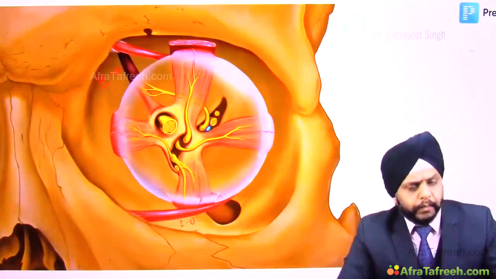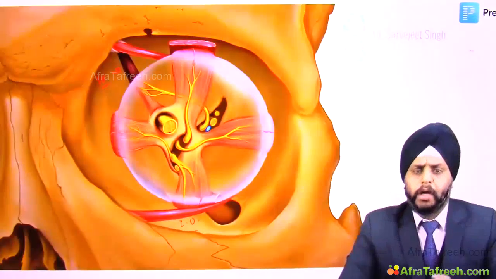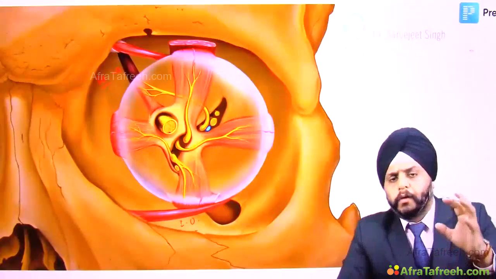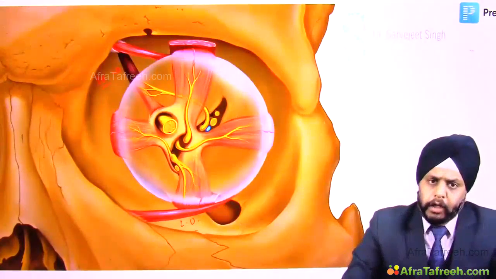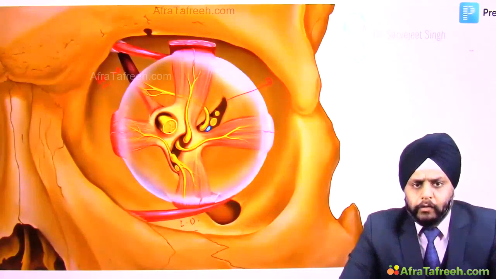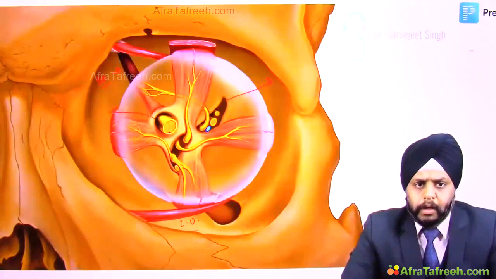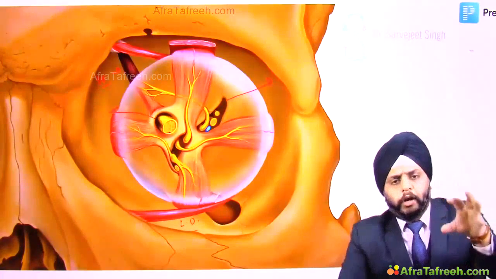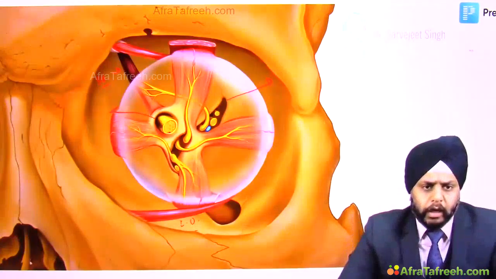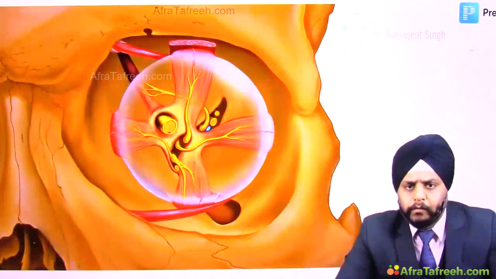Okay, right. Now what I wanted to show you in this diagram is the superior orbital fissure. So you see, this is the superior orbital fissure, and this over here is the optic canal. You can see the optic nerve coming out of it, and you can see the superior orbital fissure.